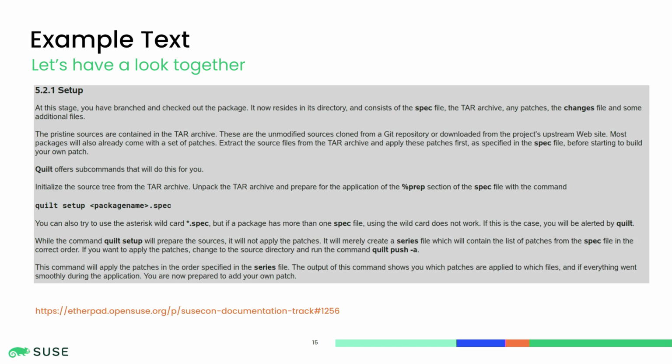Yeah, let's have a quick look together and maybe you spot one or two things at first glance about this text, even without reading the complete text. And if something comes to your mind, please speak up, yes?